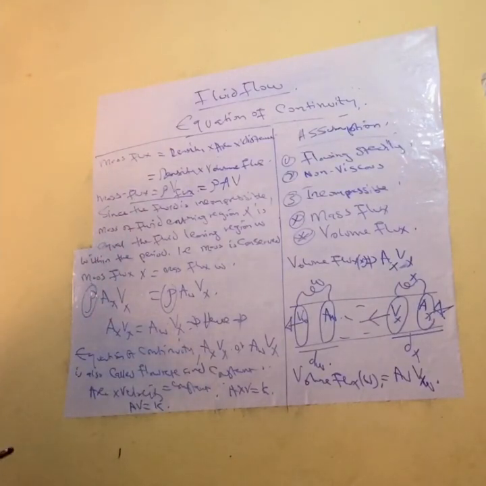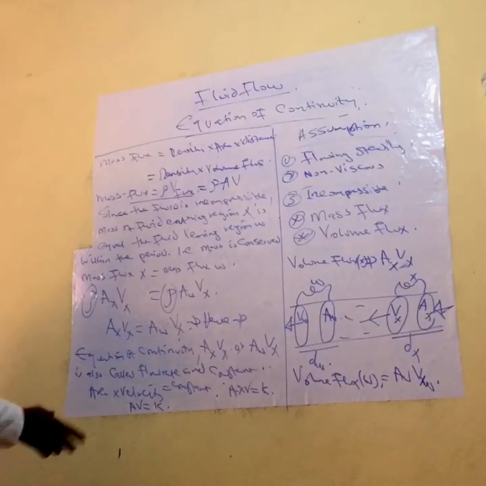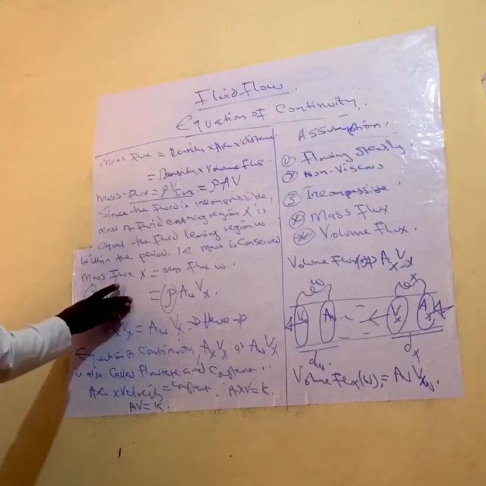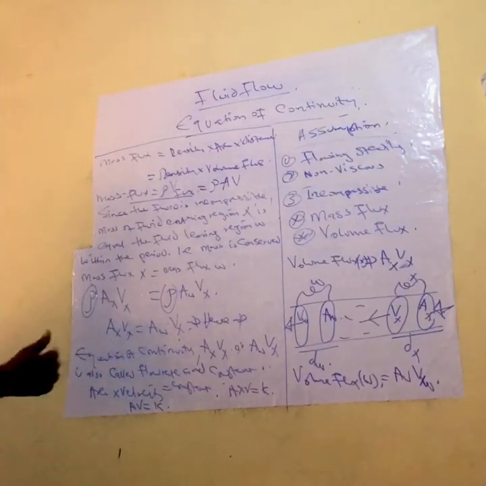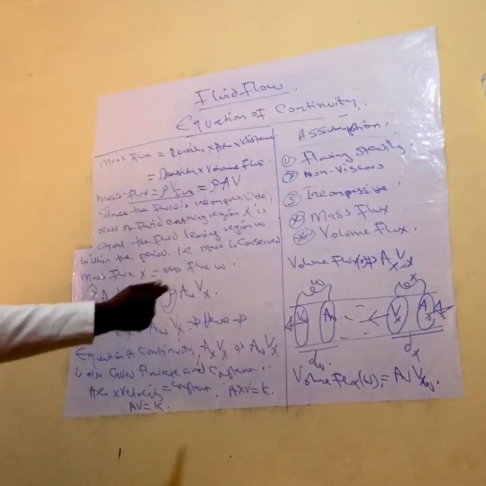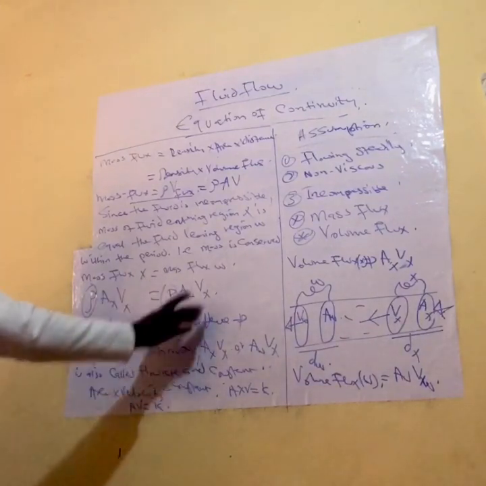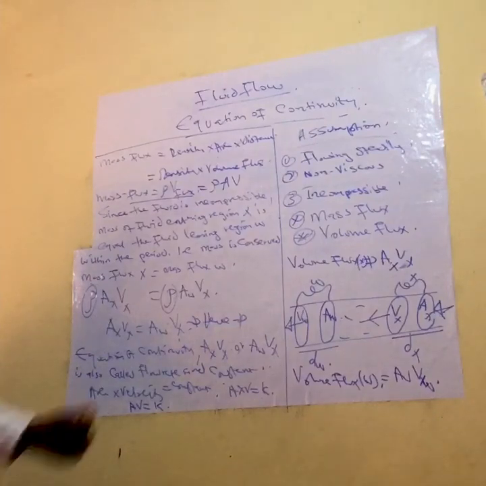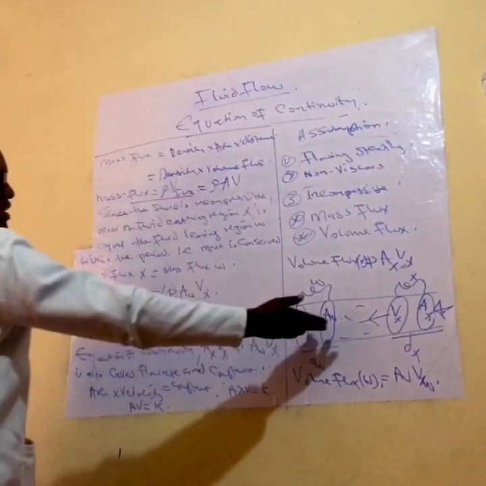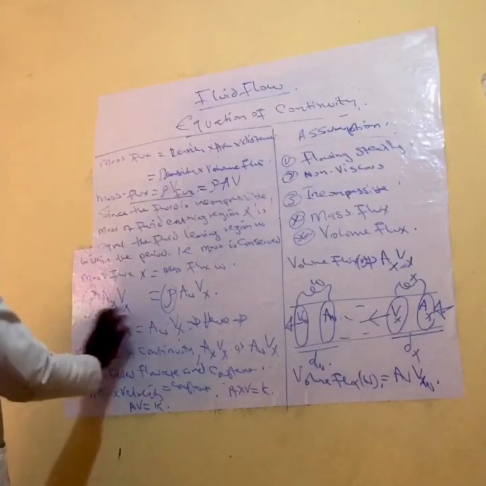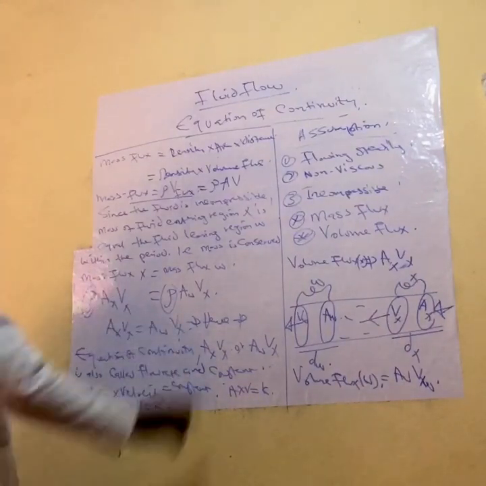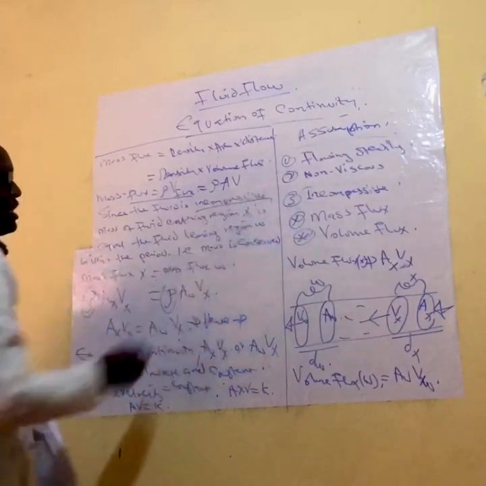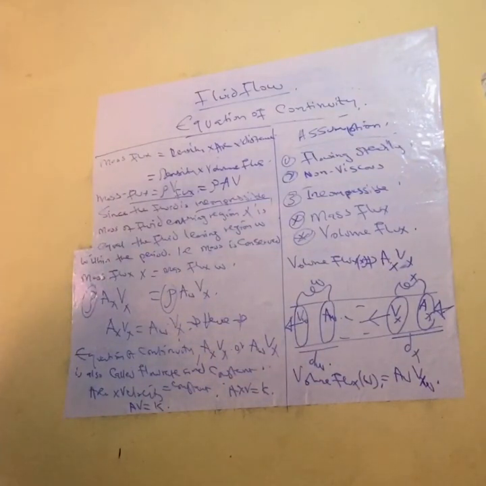That is the equation of continuity. The product of area multiplied by the velocity is constant. It means the fluid flowing or entering at region X is equal to the mass flux of the liquid leaving region W. So this equation is true if this has been put into consideration.